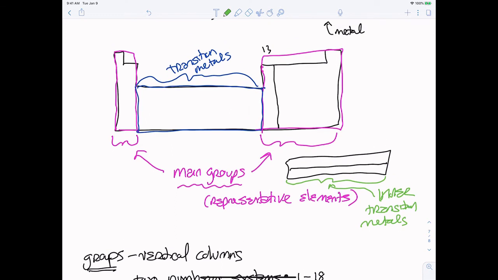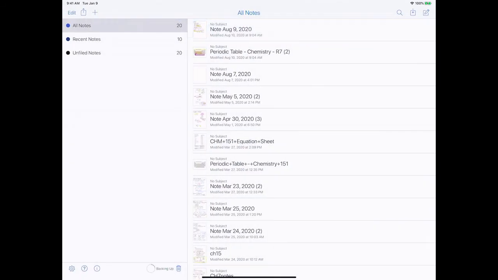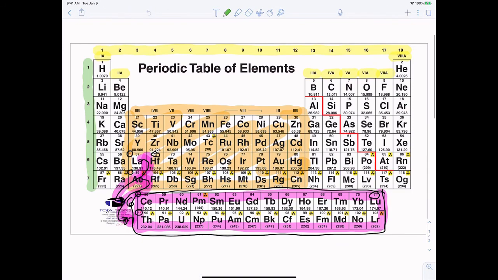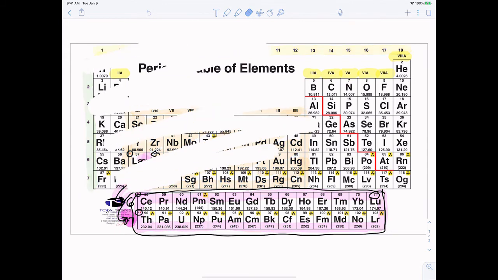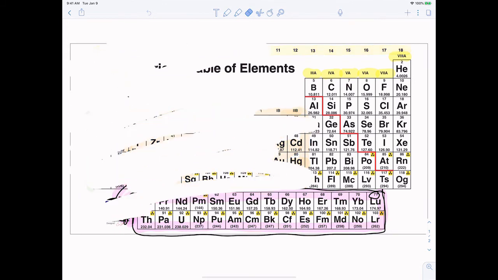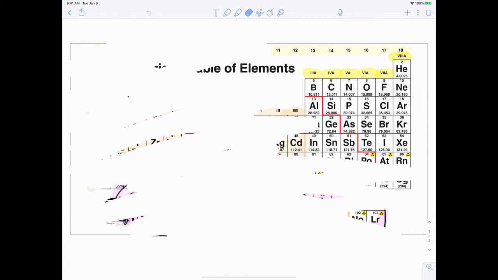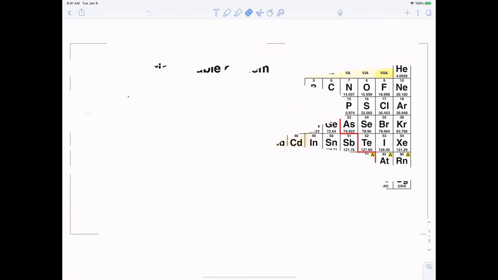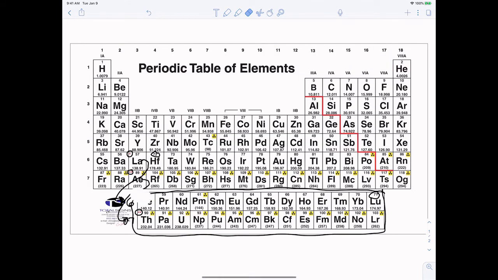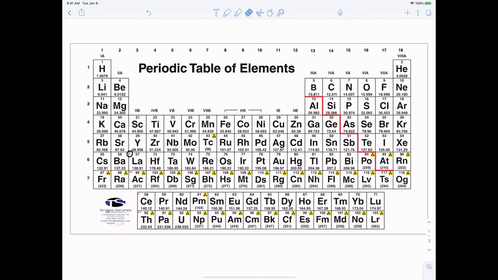So let's do some examples. I'm going to erase this mess again. Okay. So let's do some examples.